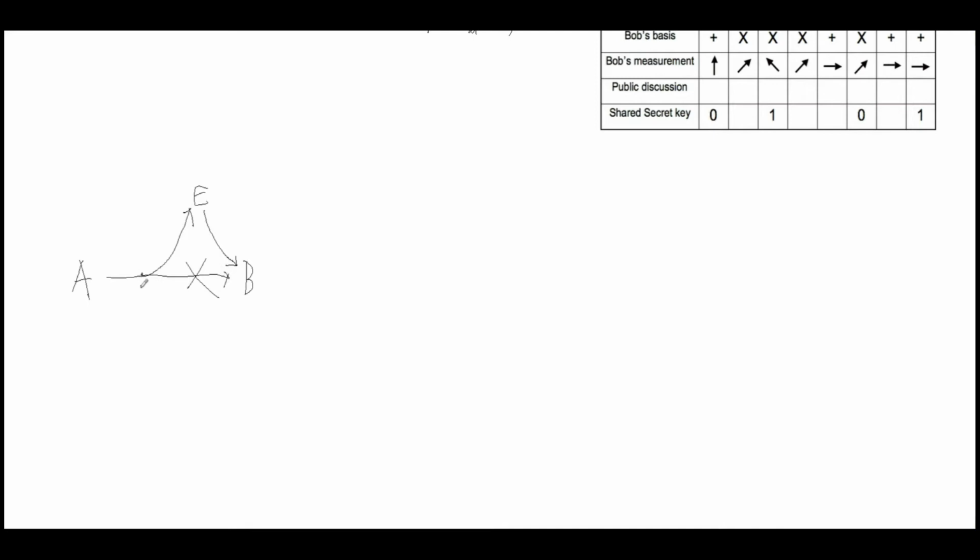And so with quantum encryption, we can actually tell if Eve is receiving this before she sends one to Bob. And there is something called the no cloning theorem.